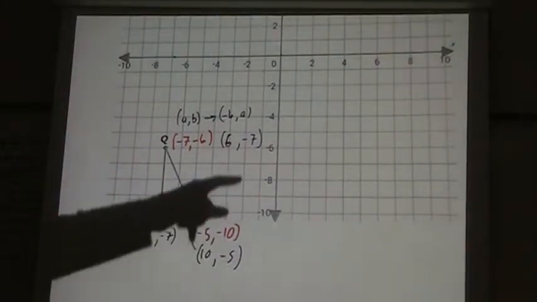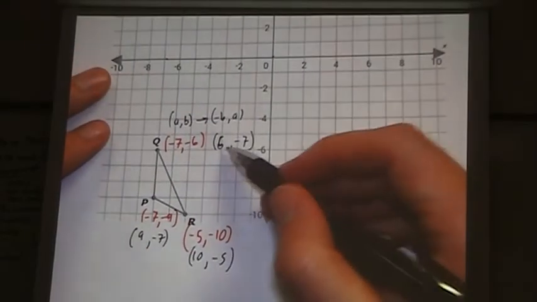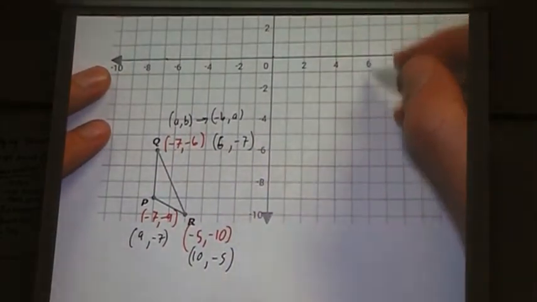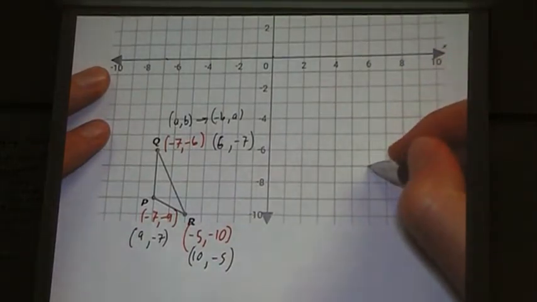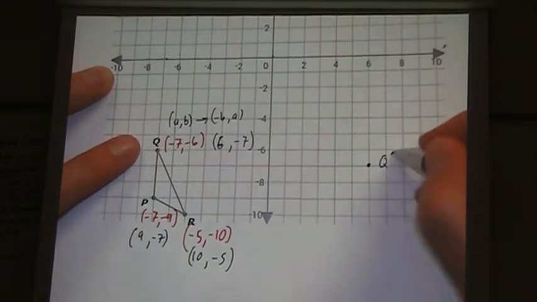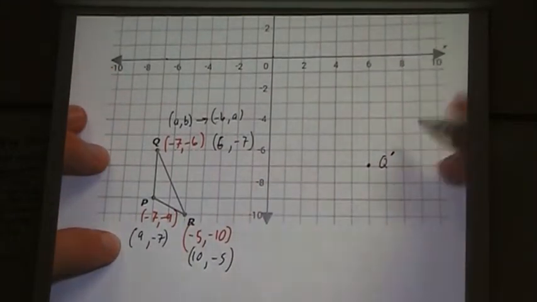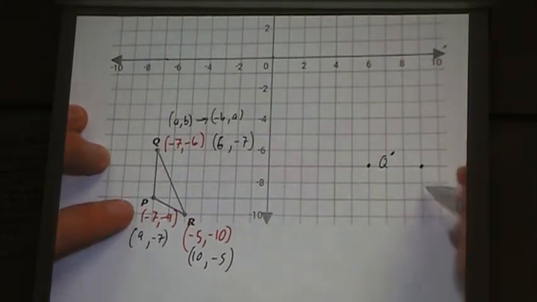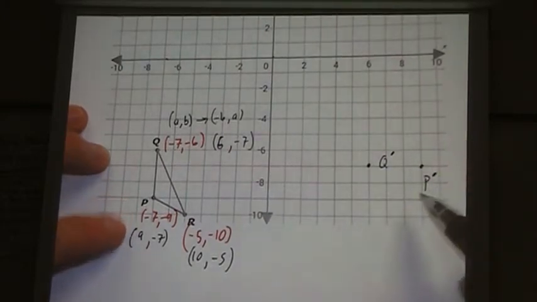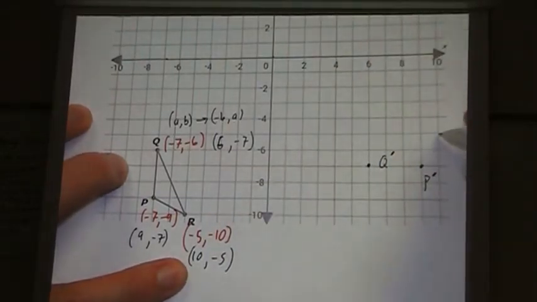Now we have our 3 new coordinates, and now we just have to graph those guys. So 6, -7. That is my Q prime. 9, -7. That is my P prime. And my R prime would be 10, -5. Boom. Is that correct?